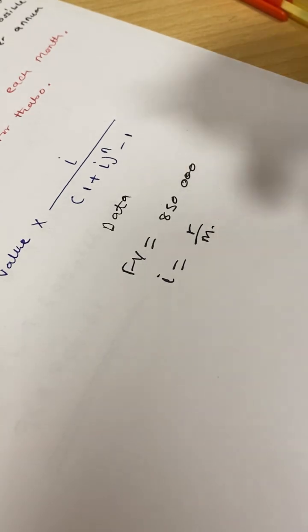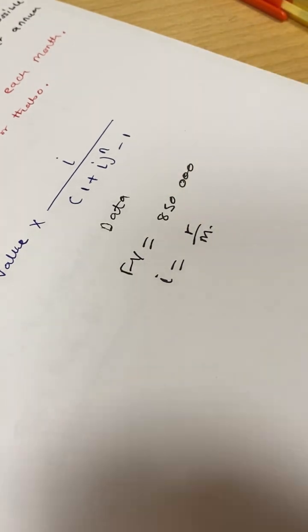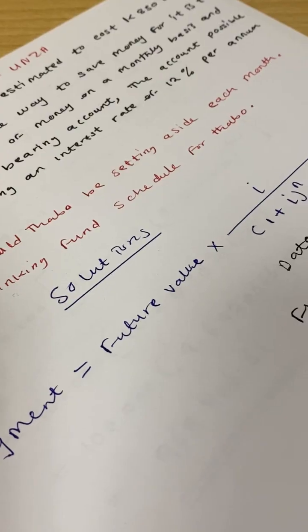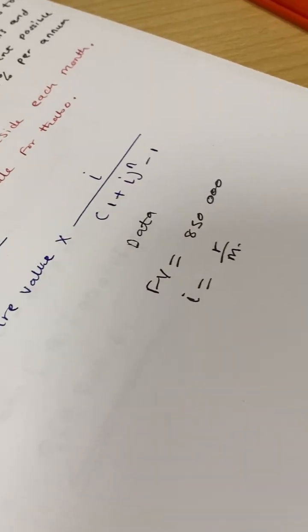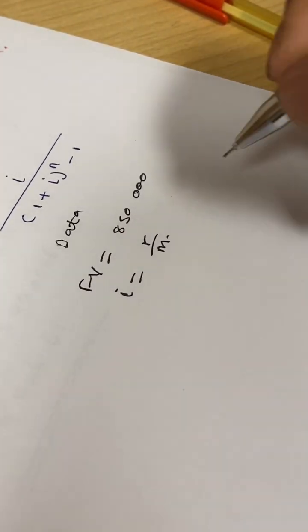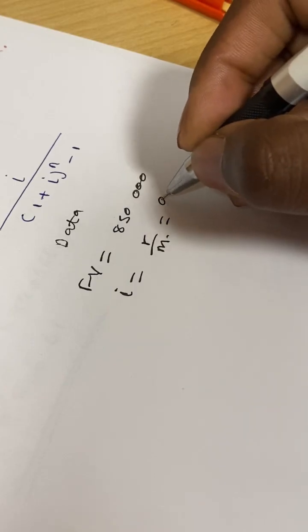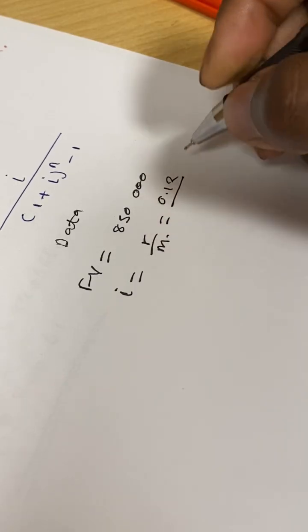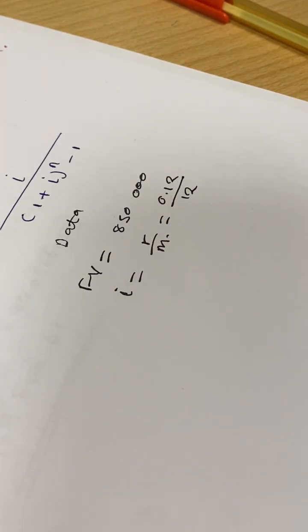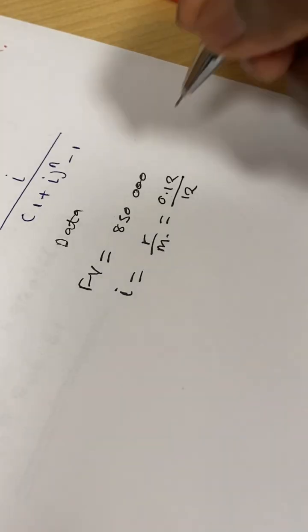Our M is 12. R, the interest rate we have been given, is 12%. As a decimal, it's 0.12. So we can finish R by saying 0.12 divided by 12, which is M. When I do that, 0.12 divided by 12 gives me 0.01.